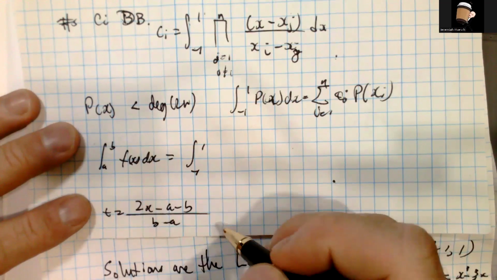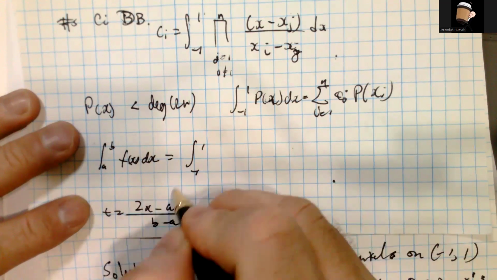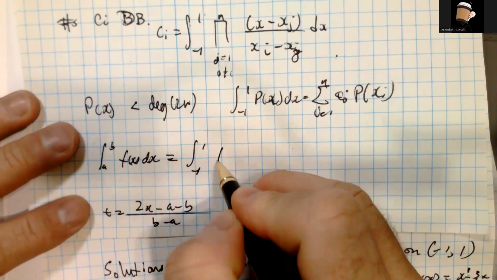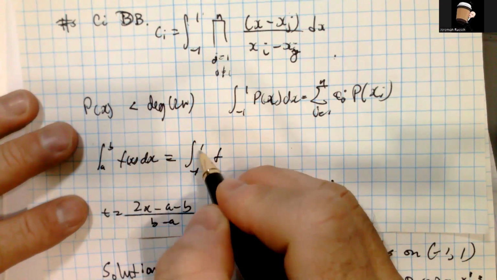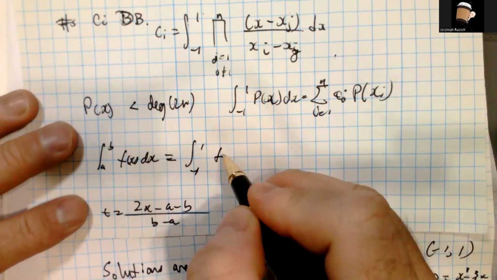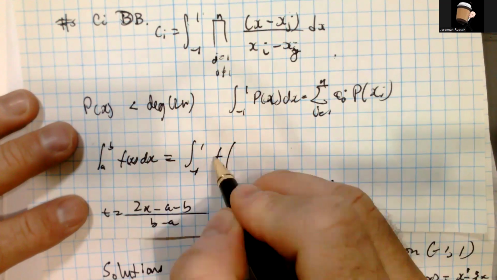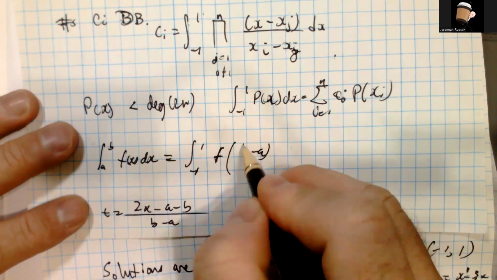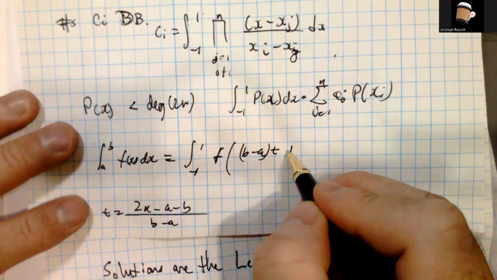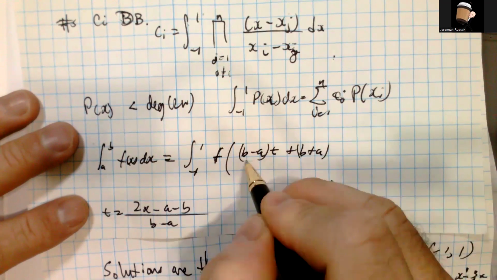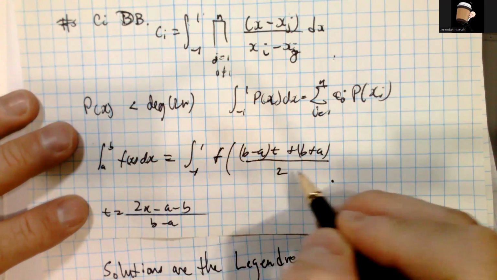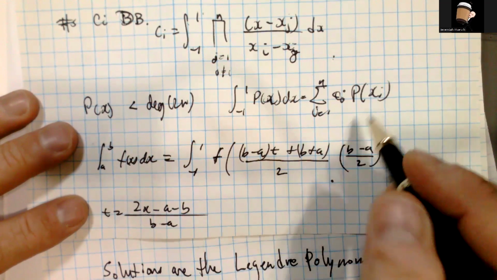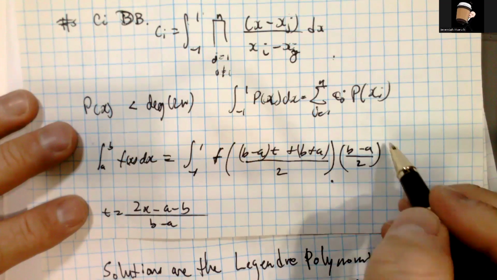If you make this substitution and plug that in, with the appropriate change of limits, the result will be an integral from -1 to 1, where the function evaluation of f will be at ((b - a)t + (b + a)) all divided by 2. And then out front you're going to have (b - a) divided by 2, as a product times dt.